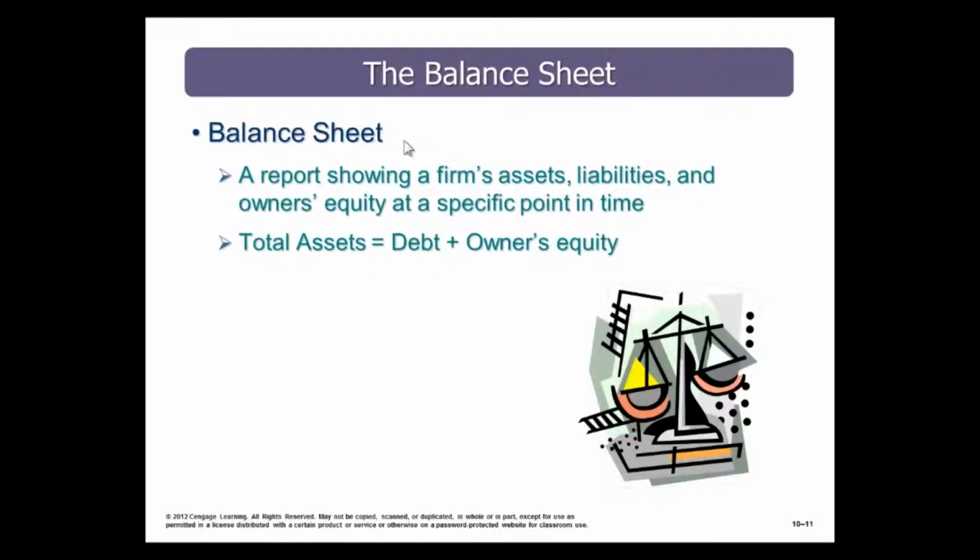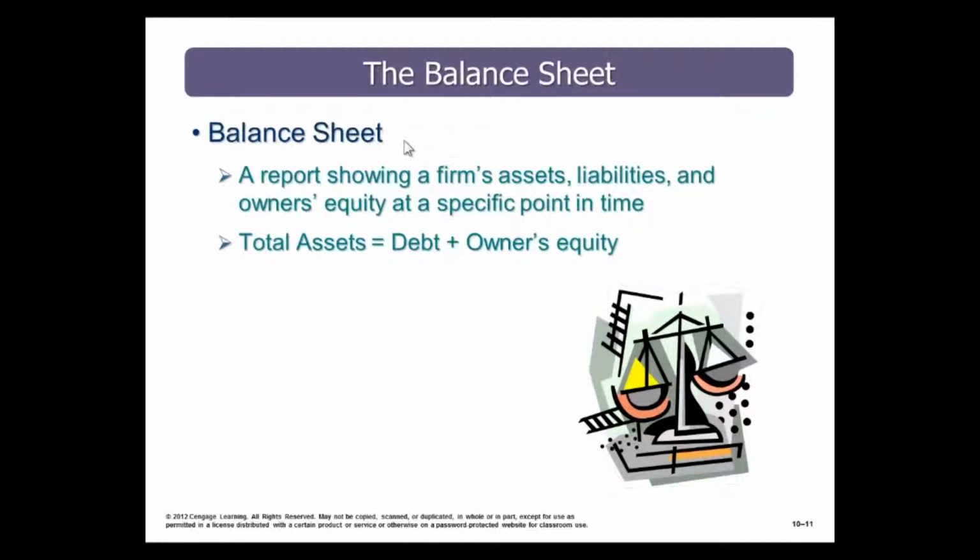Now, given that the income statement measures performance over a period of time, how many balance sheets do I have to adequately compare the numbers between the two financial statements? Obviously, you've got to have two balance sheets, one at the beginning of the period, one at the end of the period, and now when I look at those changes, I've got the changes that I can use to interact with my income statement.